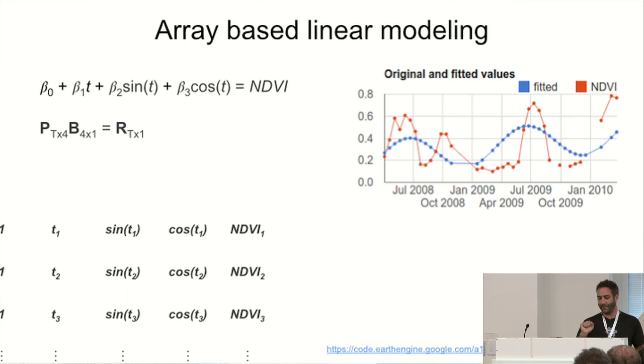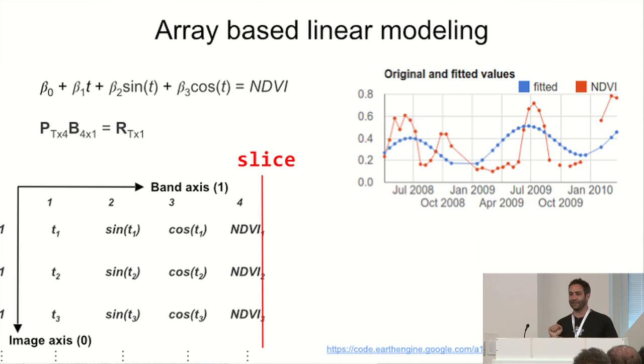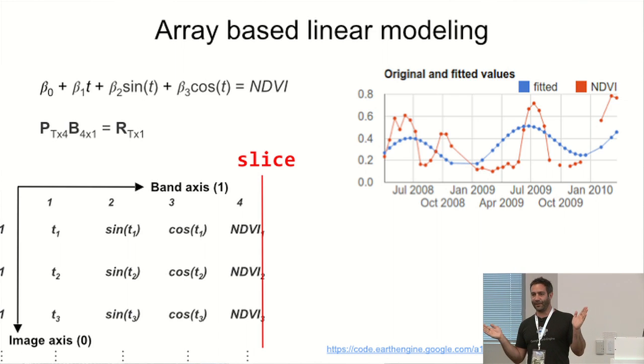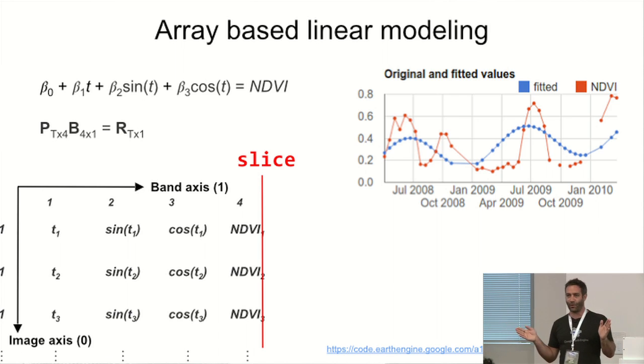Note that what we want to do is slice this thing apart into 2 arrays. We want to slice it right between the bands indexed by 3 and the bands indexed by 4. When we slice that thing apart, we are going to have the R in that equation, and we're also going to have the P in that equation.